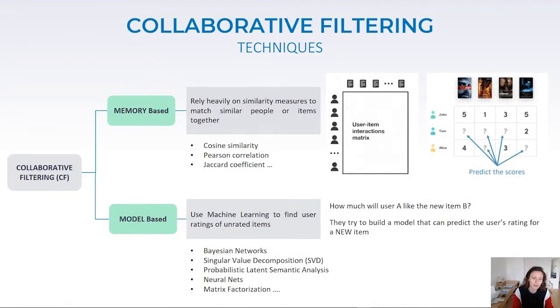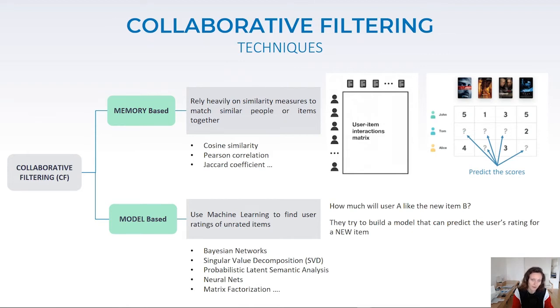There are two main collaborative filtering techniques. These are memory-based filtering and model-based filtering. Memory-based filtering highly relies on similarity measures, and it uses techniques such as Cosine Similarity and Pearson Coefficient to determine how much users or items are similar.